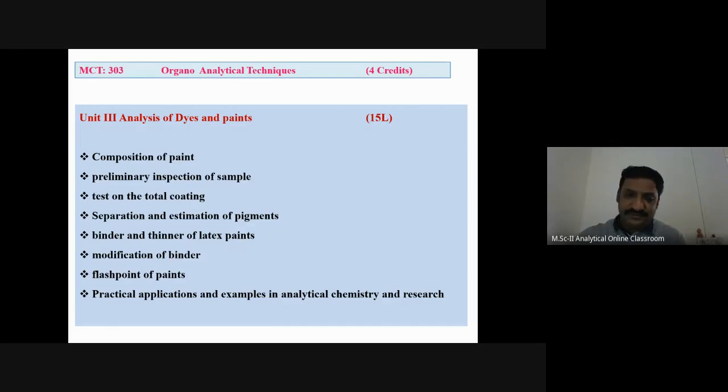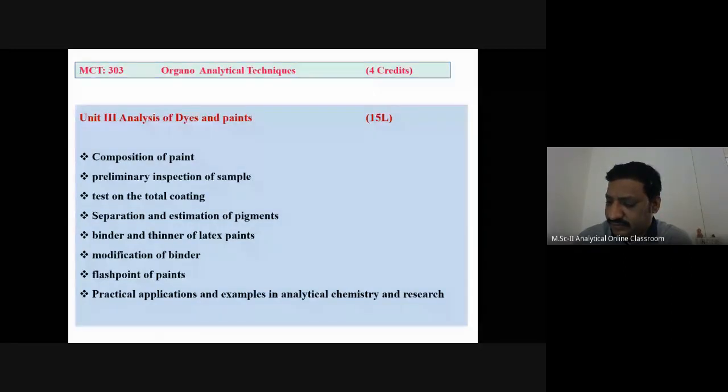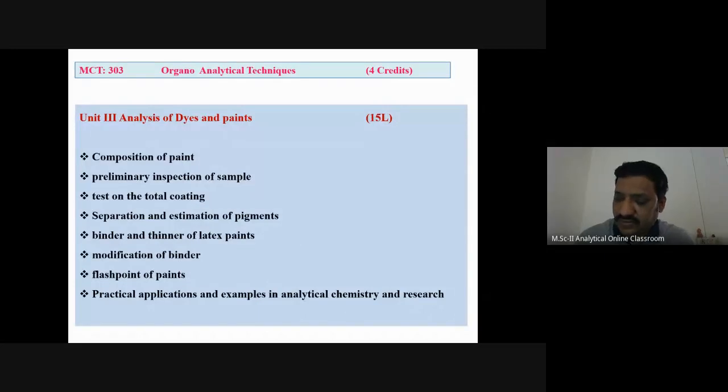First question: what is dye? Explain its composition in detail.